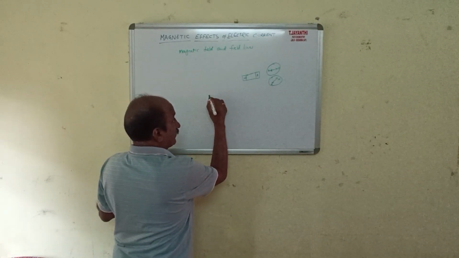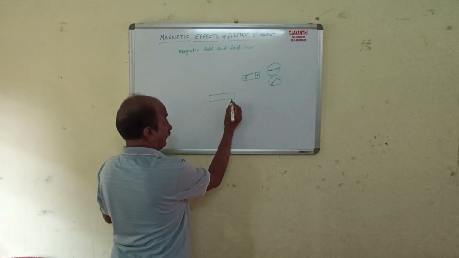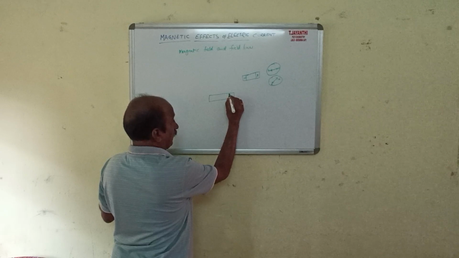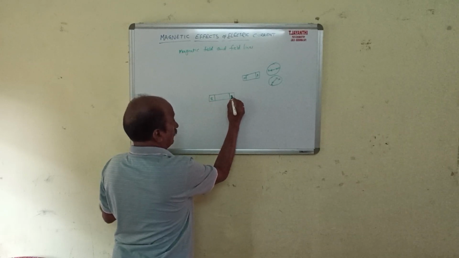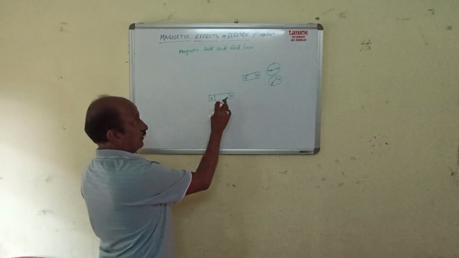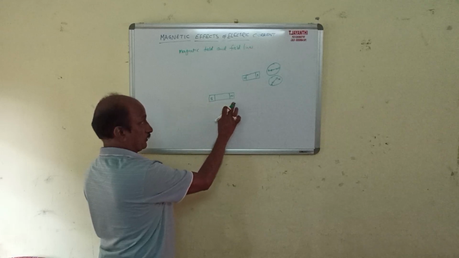The magnet itself is represented by a bar magnet, for example, by north and south poles. A bar magnet may be represented like this.